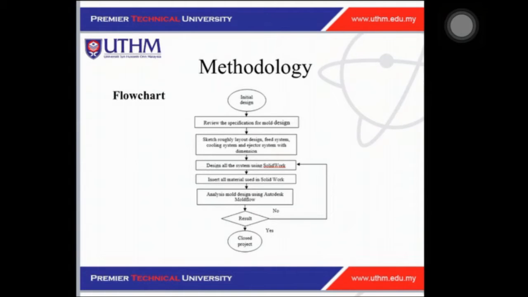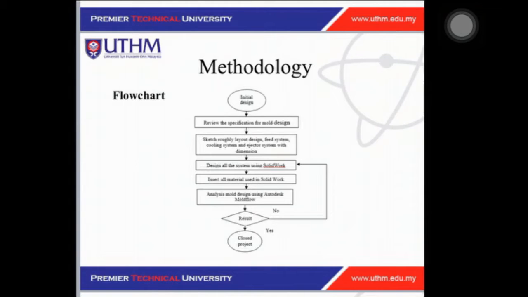Next, insert all the materials that we use on this project in SolidWorks software. The next step is the mold design analysis by using Autodesk Mold Flow. This software is used to analyze mold design together with the simulation for the injection molding process. After running the simulation, the result for the analysis will show.